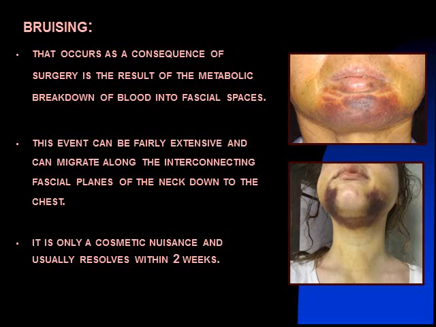And if it happens, it takes about 1 to 2 weeks to completely resolve, but we just have to apply some cold application the first day and hot foments maybe later on until complete resolution of the condition.